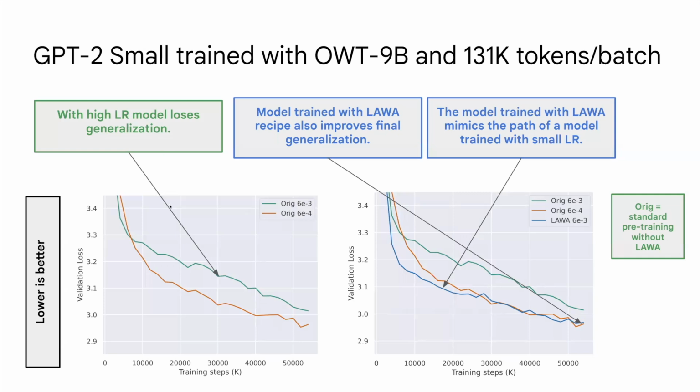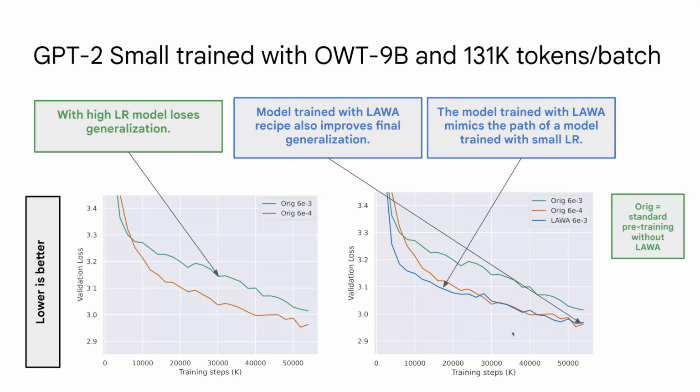If you don't follow the linear scaling rule or the square root scaling rule, and the batch size remains constant at 131K tokens per batch, and you have high learning rates, the model loses generalization. We trained with two learning rates: one is 6e-4, and the other, in green, is 10 times higher than that. You see it loses generalization. The y-axis is the validation loss, where lower is better, and the x-axis is the total number of training steps.